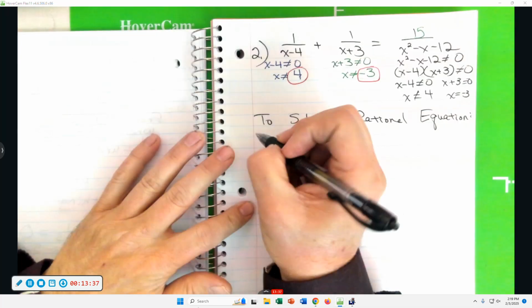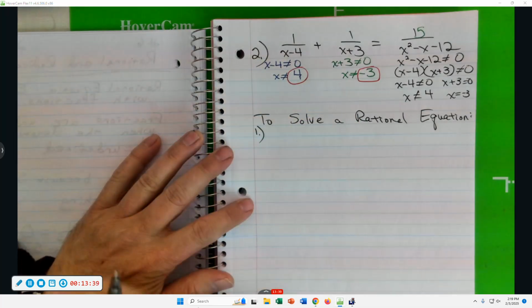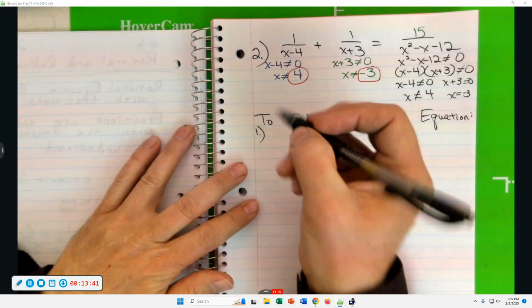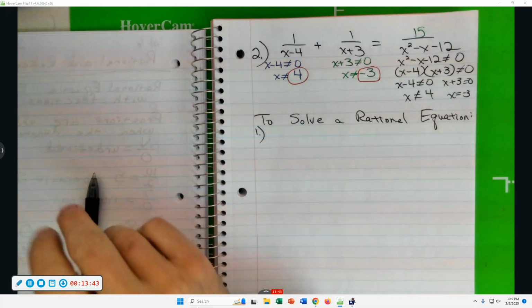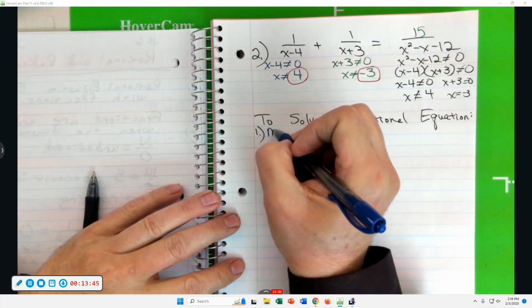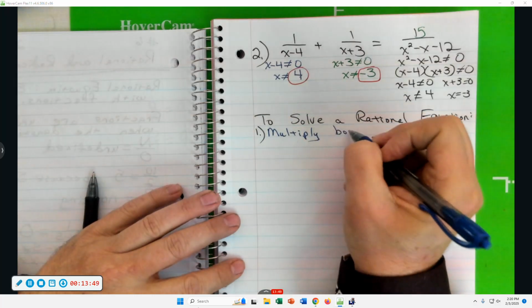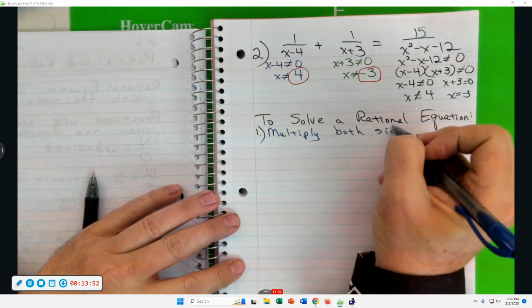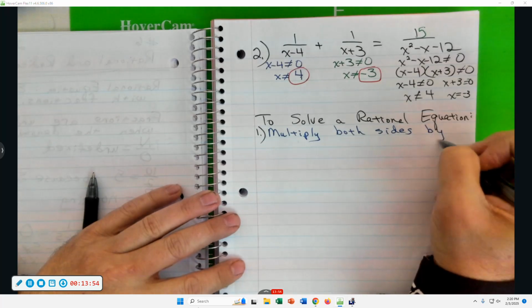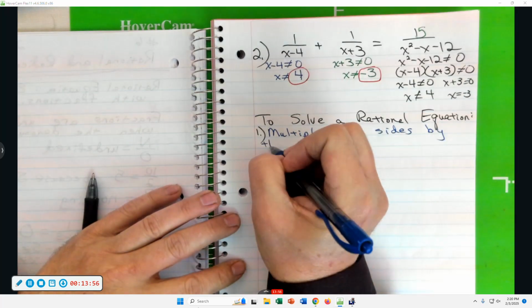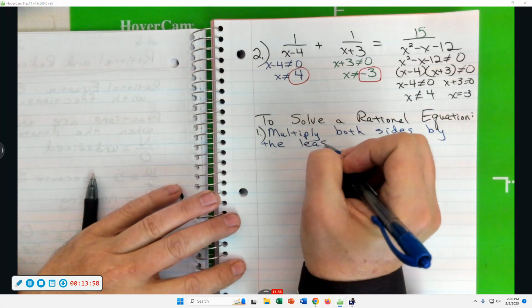What we used the last time was the least common denominator. That's what we're going to do here. We're going to multiply both sides by the least common denominator.